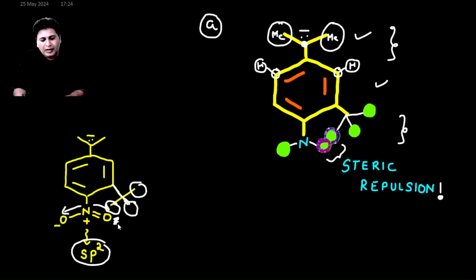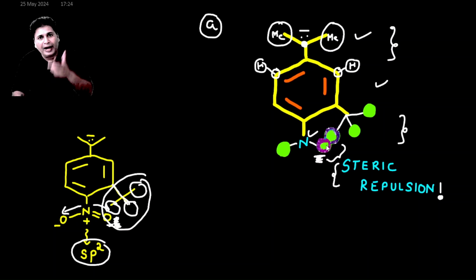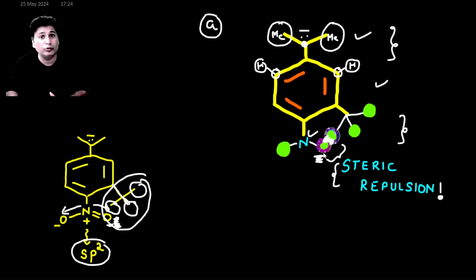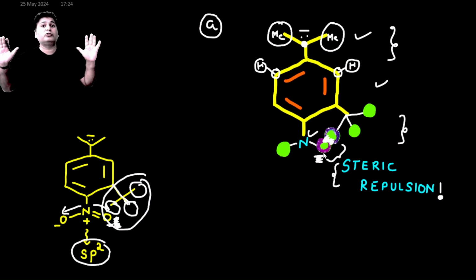There happens a repulsion between the NO2, which is trying to remain coplanar with the benzene ring, and this bulky group. As there is repulsion, you can see I have written here steric repulsion. This oxygen which is attached with nitrogen, if it tries to be in the plane of the benzene ring, comes in confrontation, in repulsion with the bulky tertiary butyl group which is adjacent to the NO2 group. So it feels lots of pain.